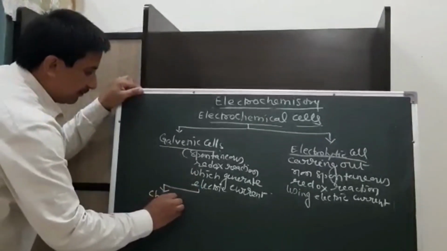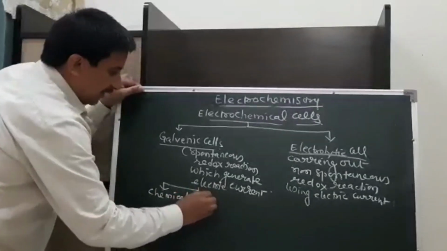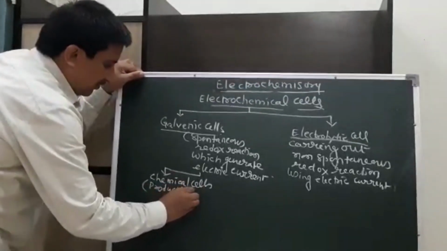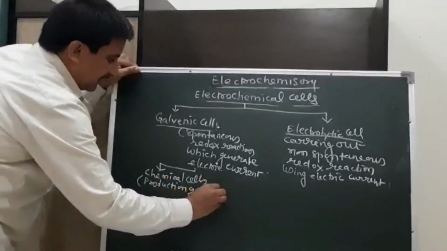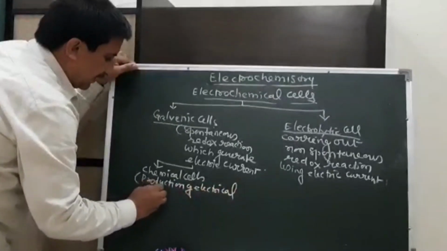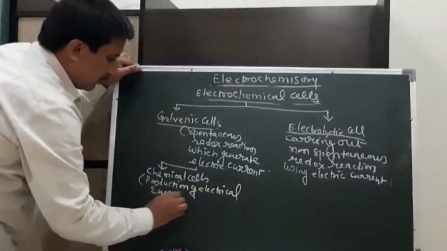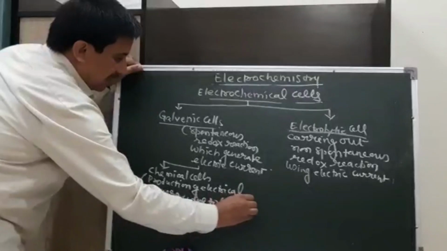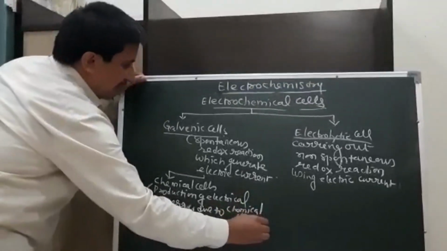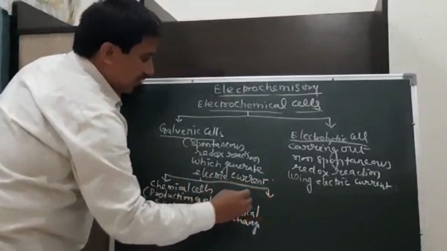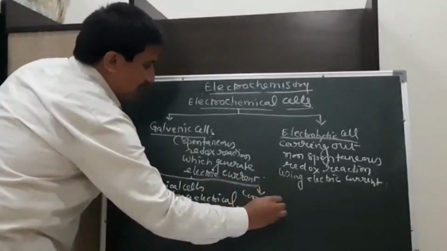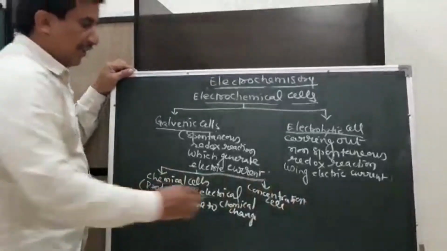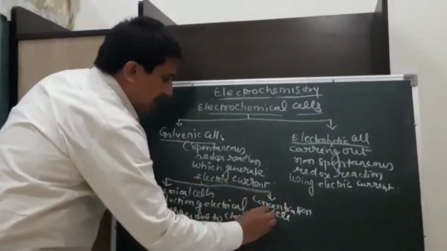Chemical cells involve production of electrical energy due to chemical change, and another is concentration cells, in which there is transfer of matter.